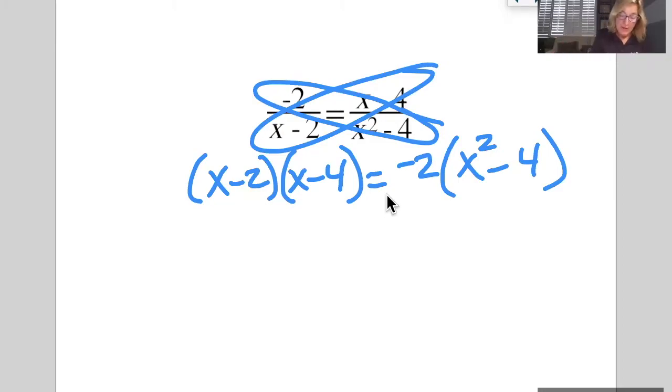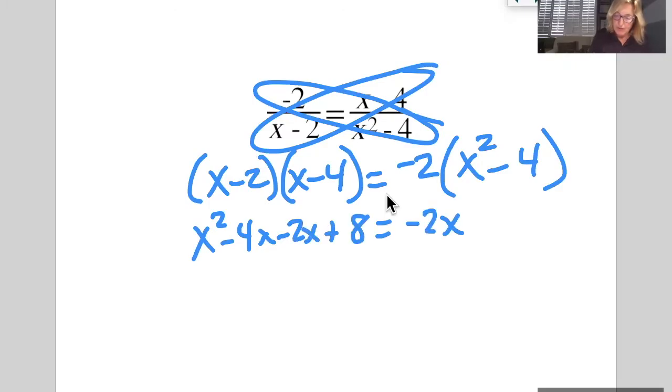So now let's go ahead and multiply the two binomials. That would be x squared minus 4x minus 2x plus 8 is equal to negative 2 times x squared and negative 2 times 4, which is positive 8. So let's gather everything to one side of the equation and set it equal to 0. So we could add 2x squared to both sides, and we can subtract 8 from both sides.